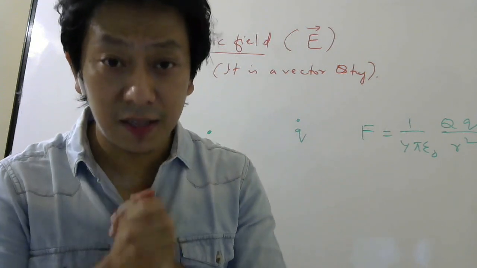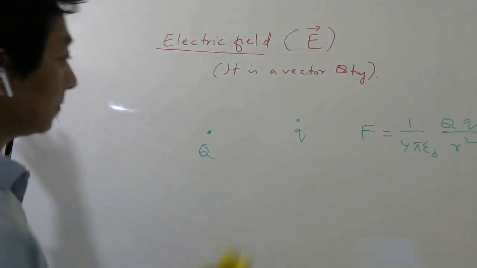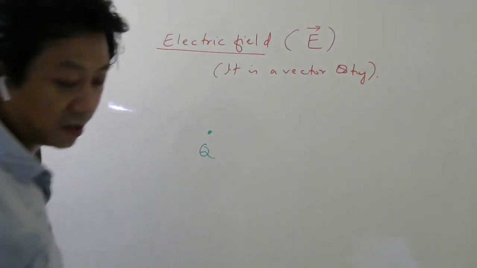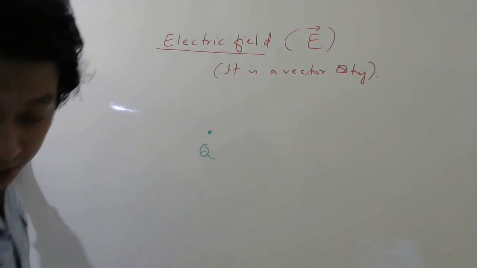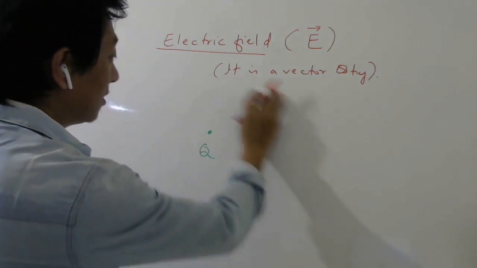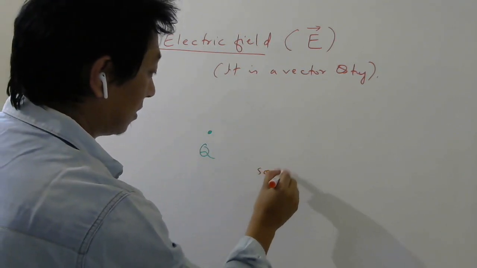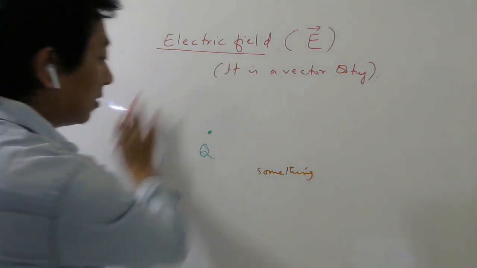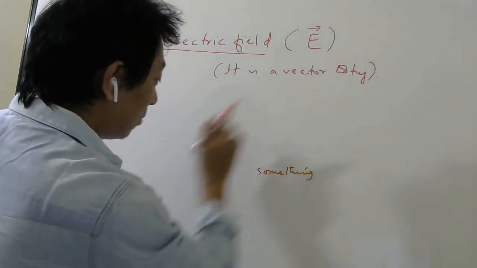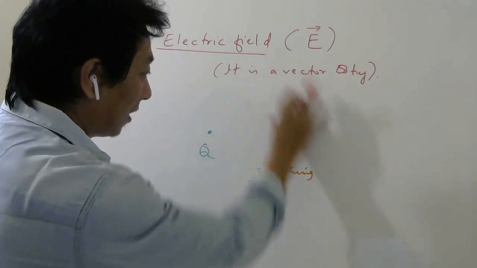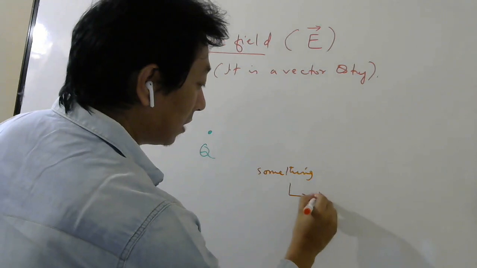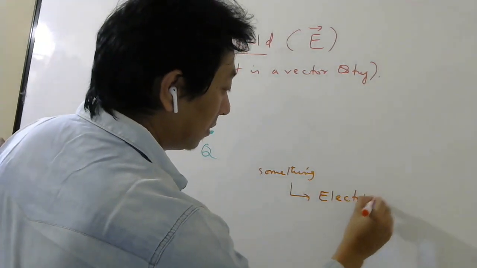One of the persons who tried to think about this was Faraday. What Faraday said was like this. When this charge is not there, this charge creates something in the surrounding space. So something will be here when this charge is present in vacuum. Let us talk about vacuum right now. And that something was given the name electric field.